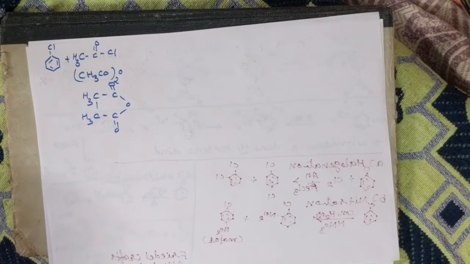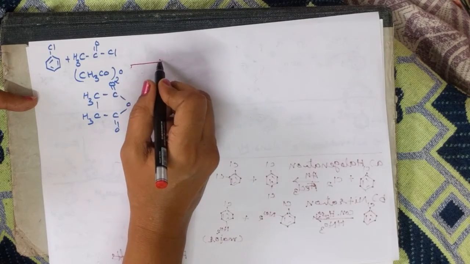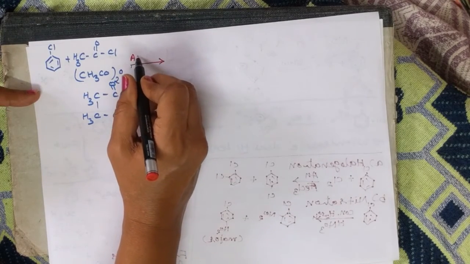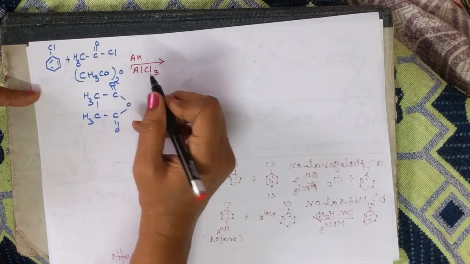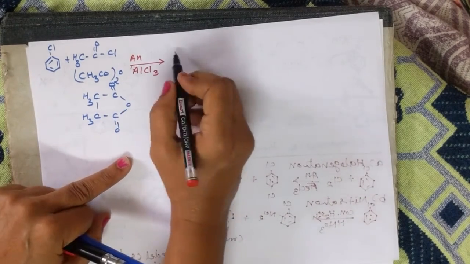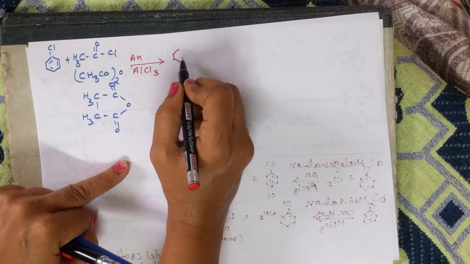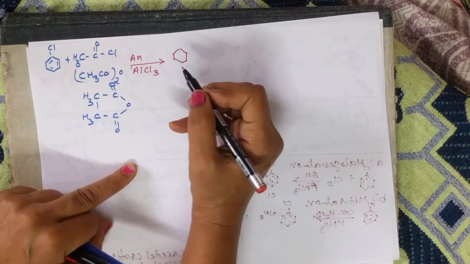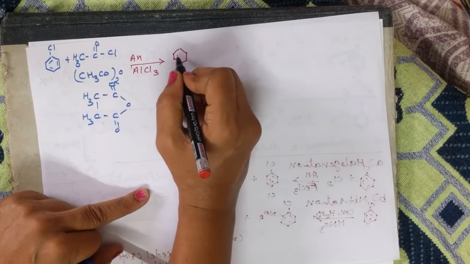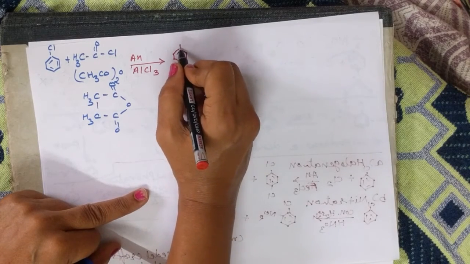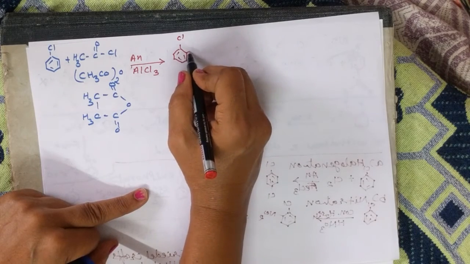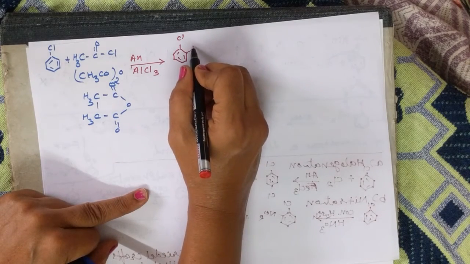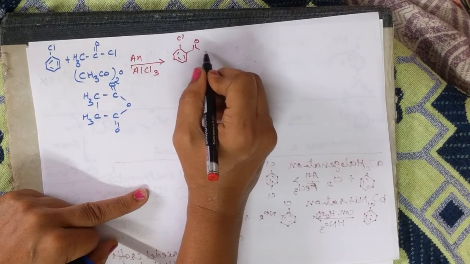So when acylation is done, we take anhydrous AlCl3. Students, in both the AlCl3 is the same, only the reactant we are changing. As the reactant affects the reaction, it plays the main role. So here the product is totally different. Here it is chlorobenzene and we get acetophenone.